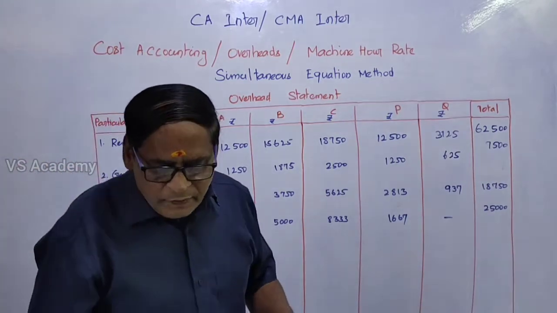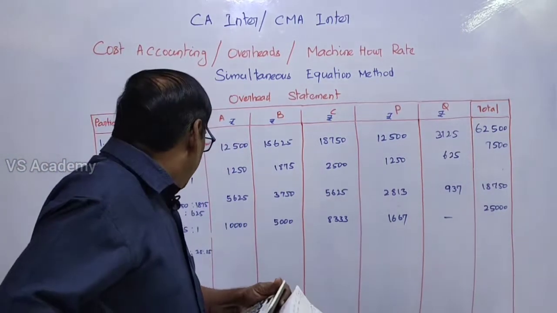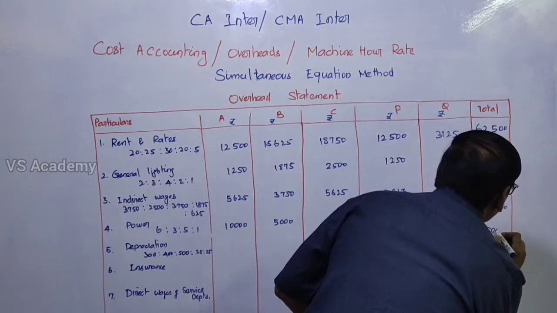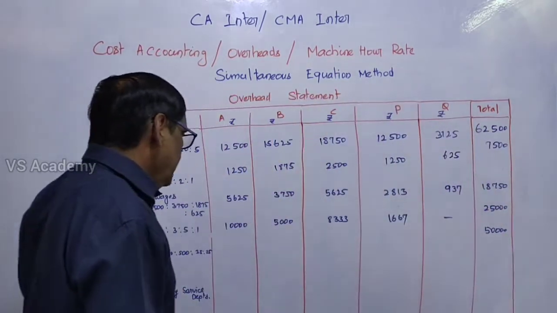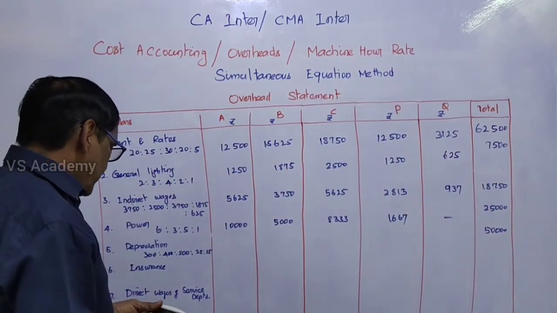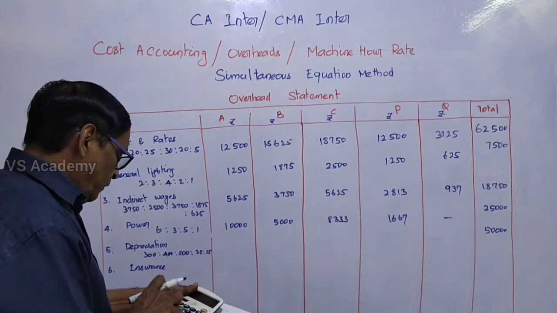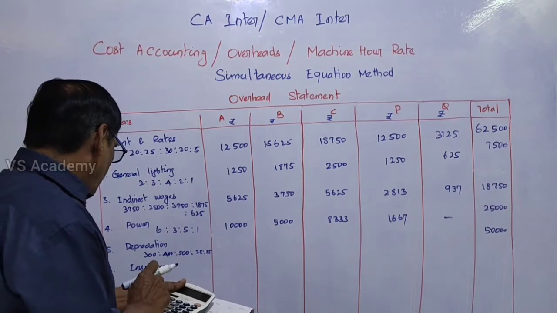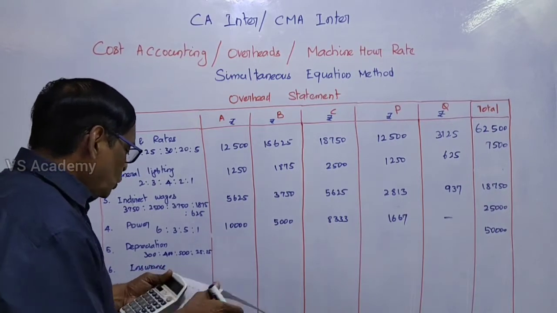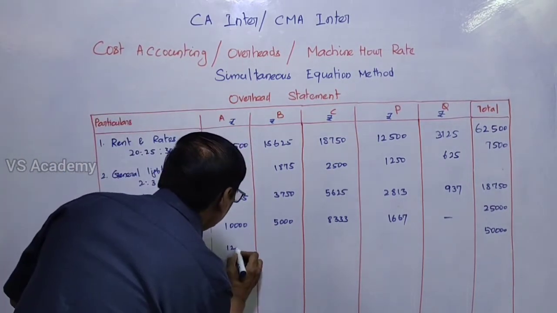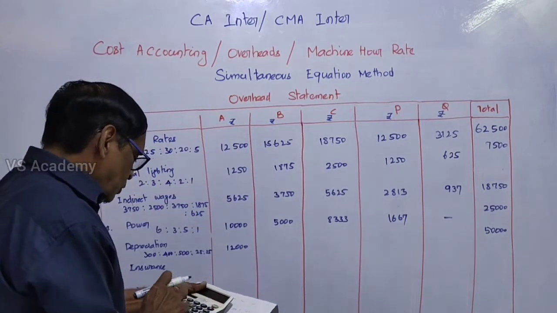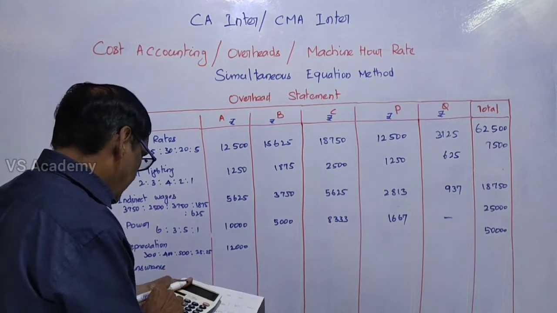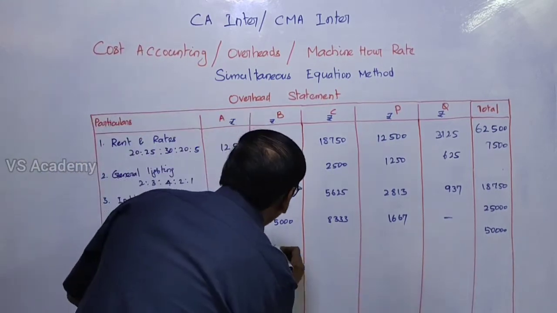What amount is given? The depreciation of machinery is 50,000 rupees. This amount is to be distributed. So 50,000 divided by 1,250 into 300, so 12,000 rupees. 50,000 divided by 1,250 into 400, so 16,000.